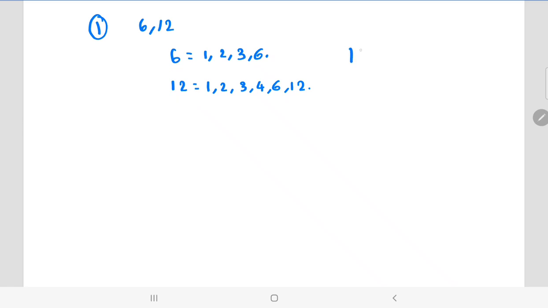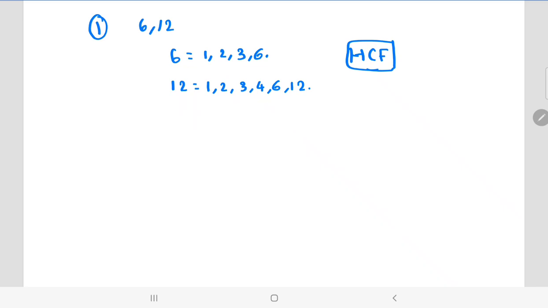So in order to find the HCF, highest common factor, first you need to write the factors of that particular number. So the question will be like, find out the HCF of 6 and 12. First step I need to do is, I need to find out the factors of 6 and I also need to find out the factors of 12 separately.